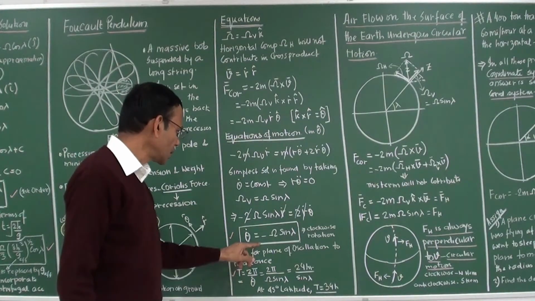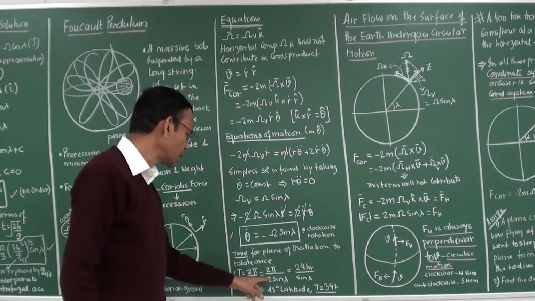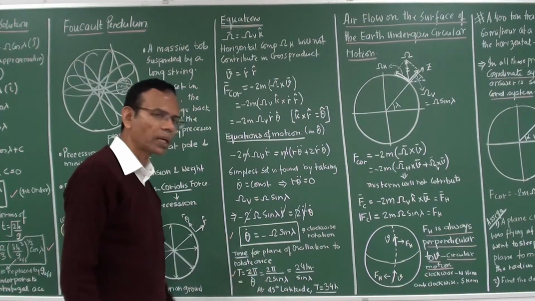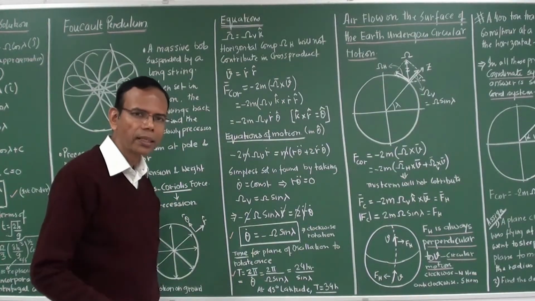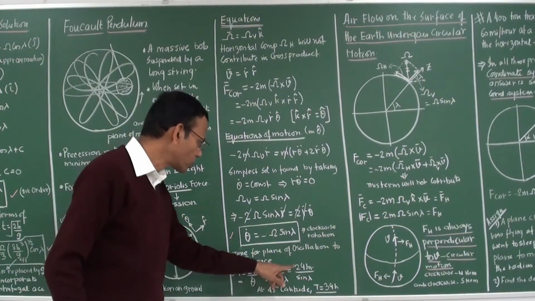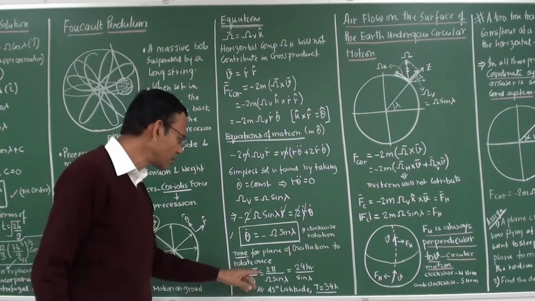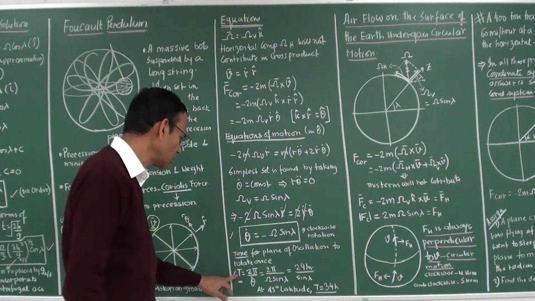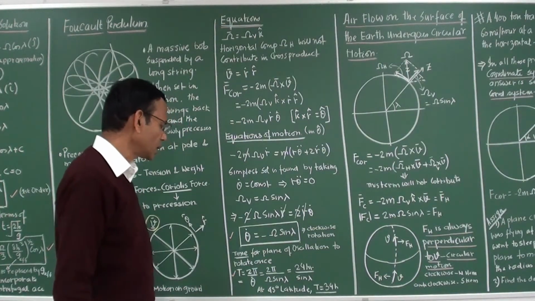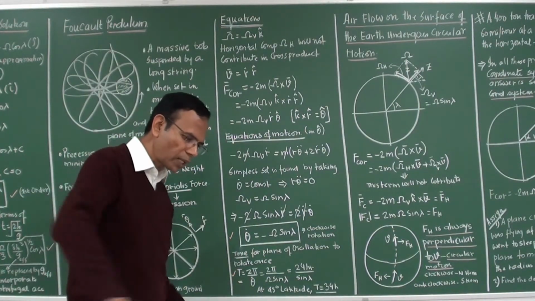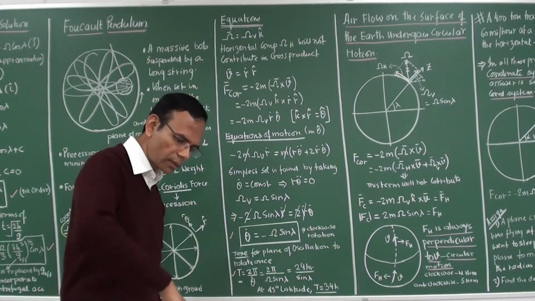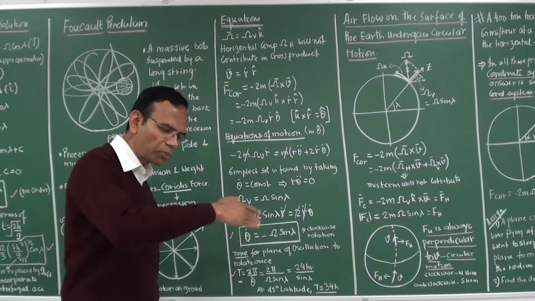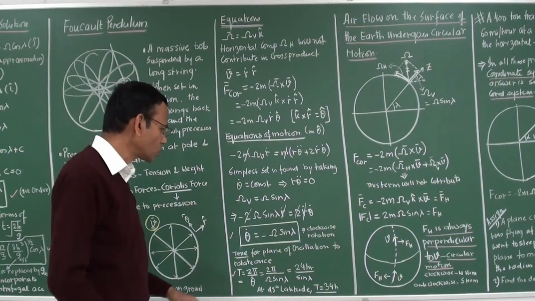Now theta dot is omega sine lambda, and 2 pi by omega is the time period of the rotation of the earth. So it is 24 hours divided by sine of lambda. So that is the time period. This is a very, very important expression: the plane of oscillation, which is actually rotating, precessing, after how long will it become the same again.